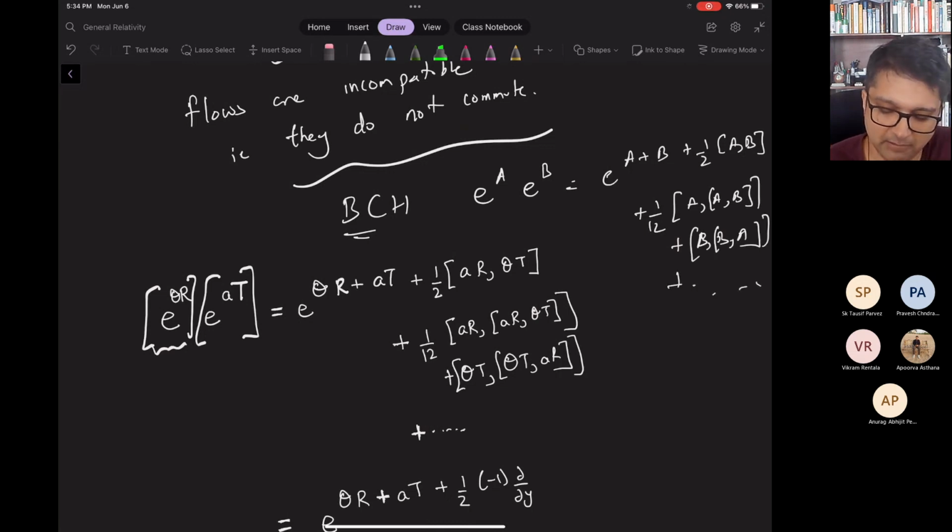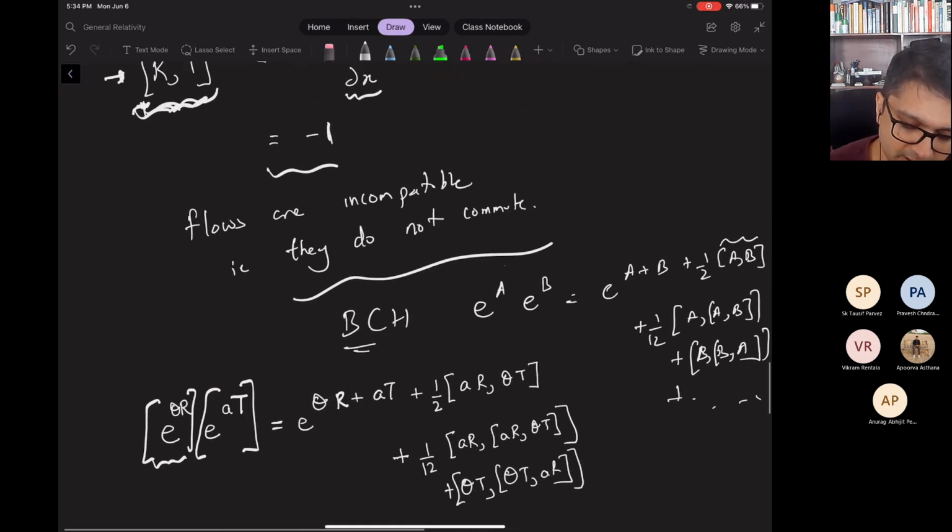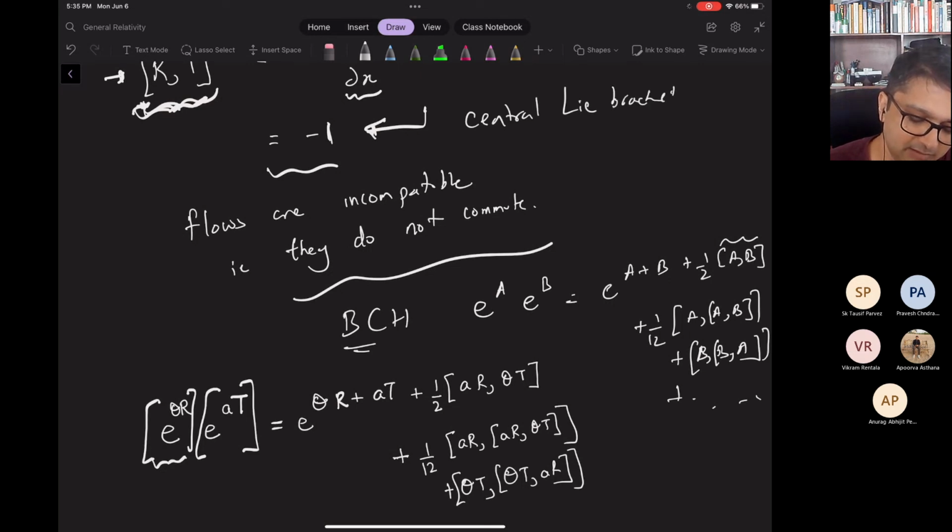It's a big series. But in the case where this Lie bracket is just a number, which commutes with everything, this is called a central Lie bracket. That is, it commutes with r and t. In that case, all these other terms vanish, and you just have this term.